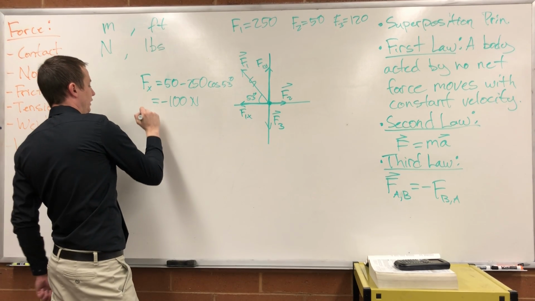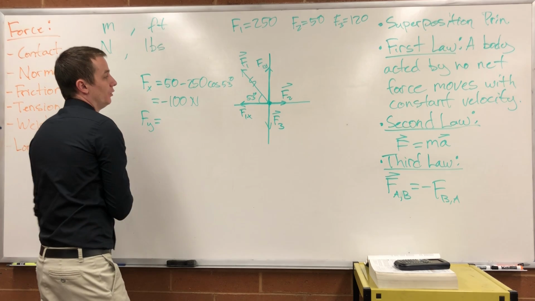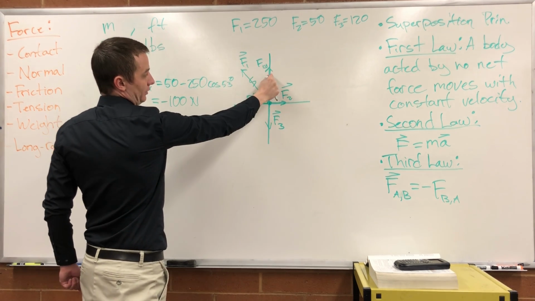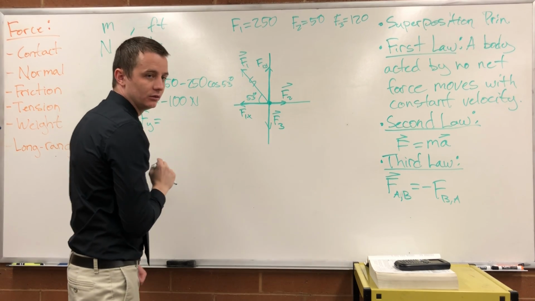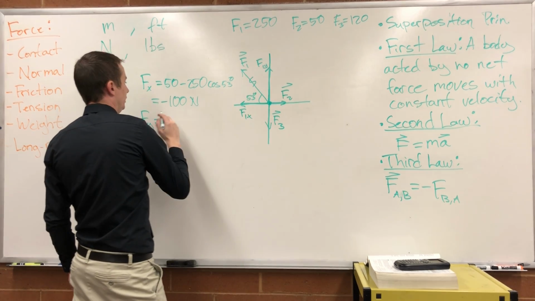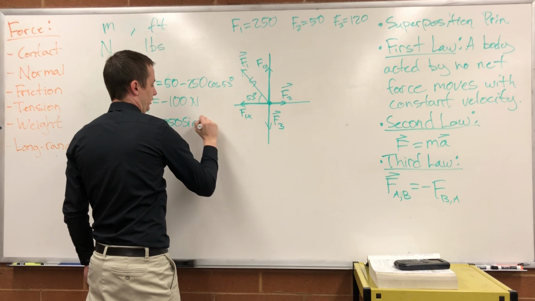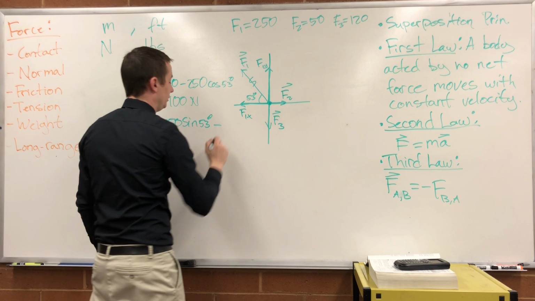And then Fy, again, I'll call this the positive direction. So we're going to have the magnitude of this minus the magnitude of this. So the magnitude of this one is obviously just 250 sine of 53. Minus F3, which was 120.